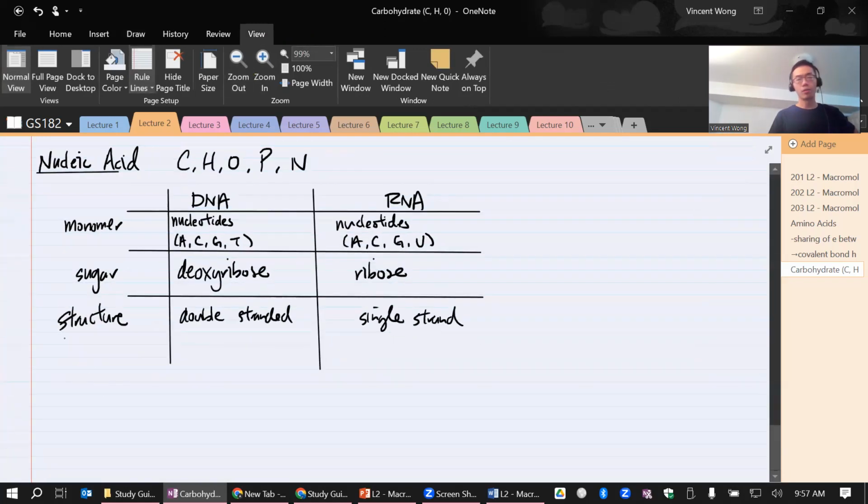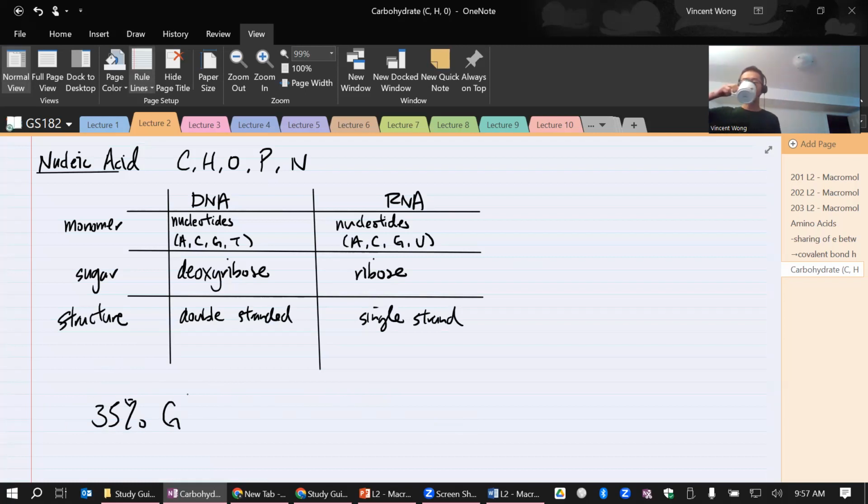Obviously you also have to know your purines and pyrimidines. If you have trouble memorizing them, put them on the sheet. And the calculation. Let's do another one, because it's so fun. Let's do 35% G. I'll give you a moment to figure out everything else.